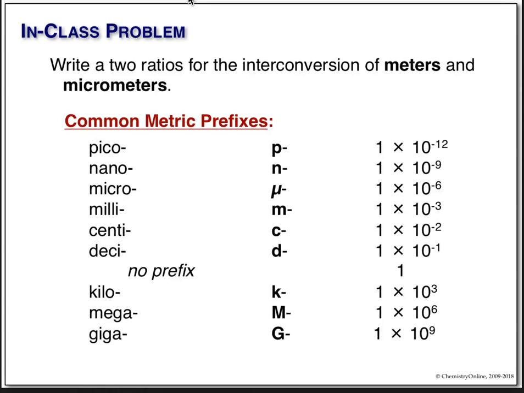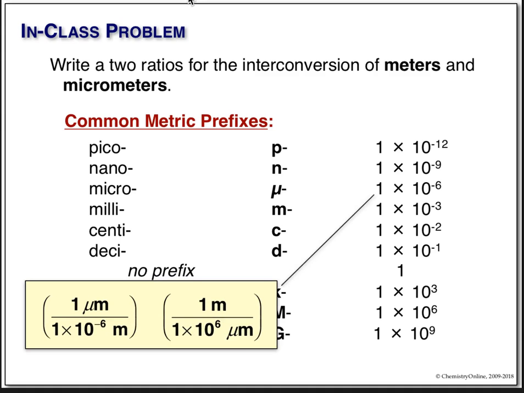Meter and micrometers. Remember, micro is the Greek symbol mu, 10 to the minus 6. 1 micrometer is the same as 1 times 10 to the minus 6 meters.